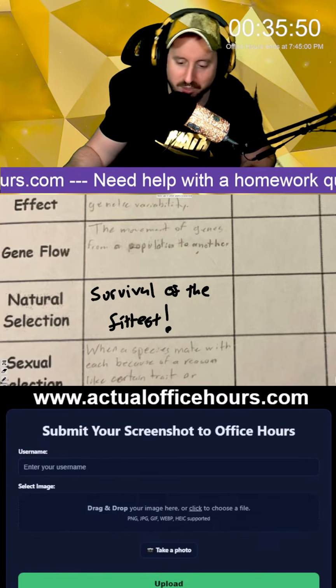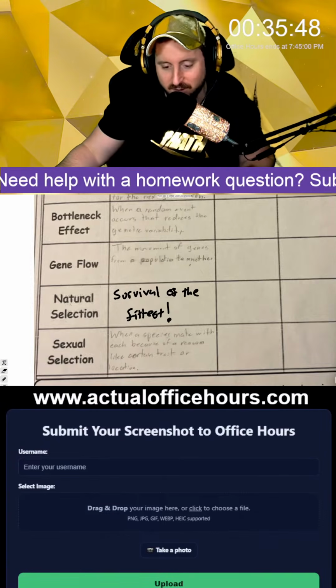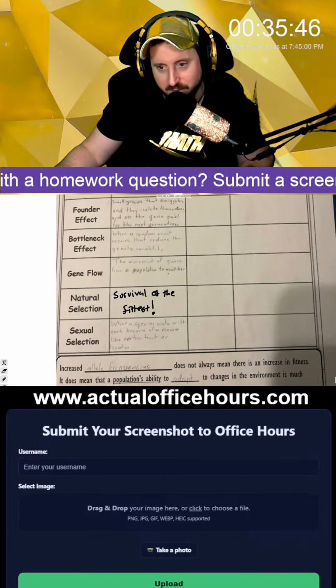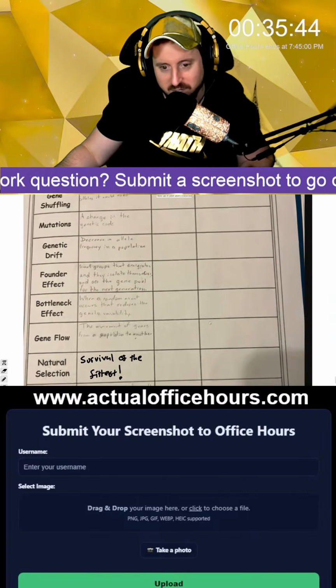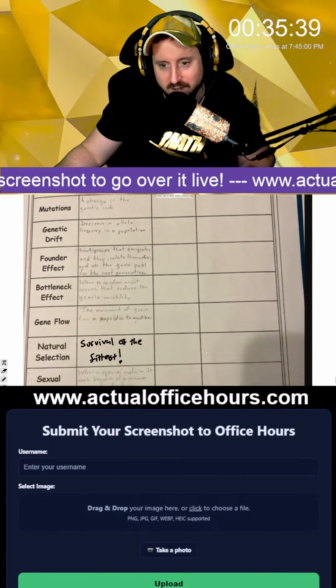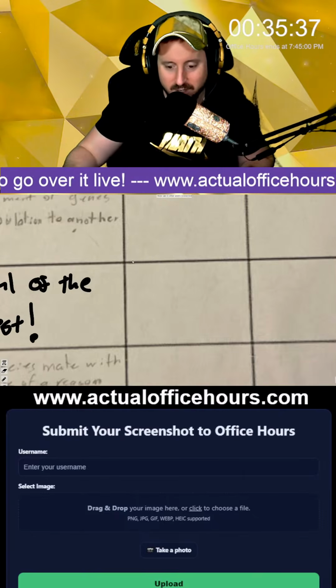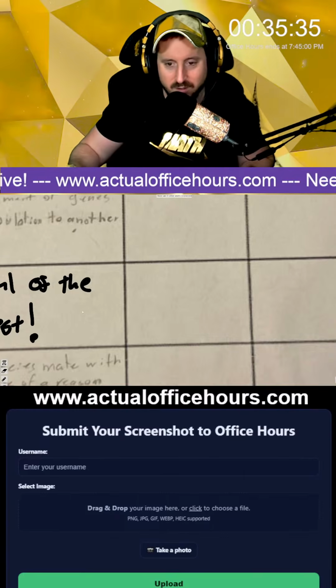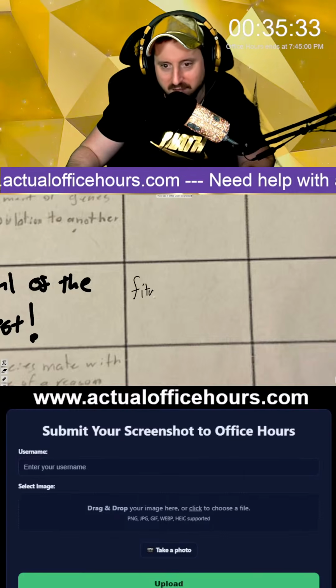So, for instance, those with genes that are most well adapted for the situation and environment will procreate the most. So, effect on genetic variation. I don't know. You get like fitness maxing.